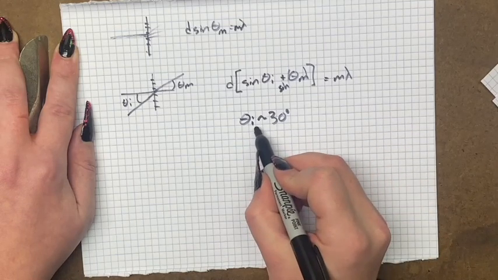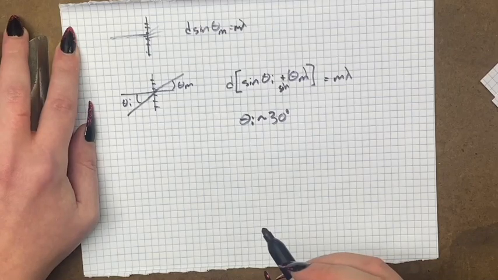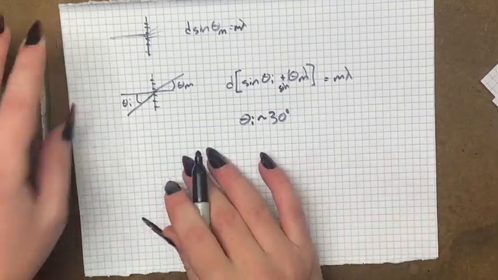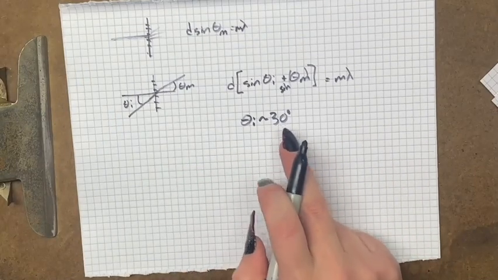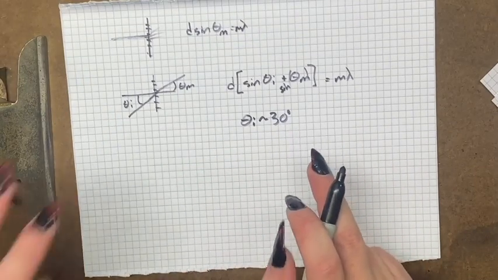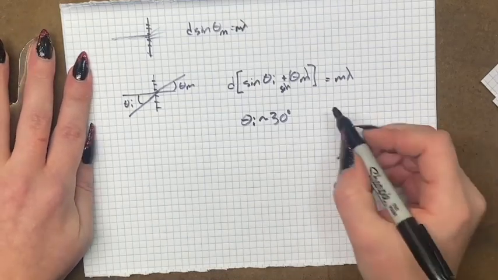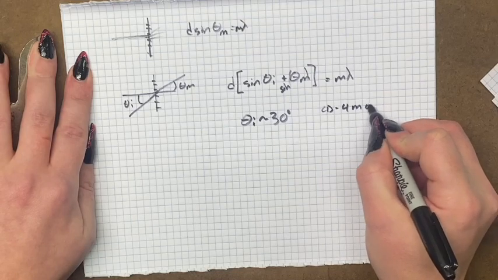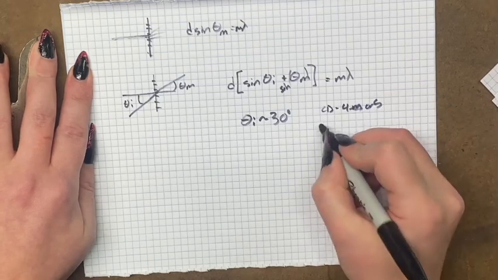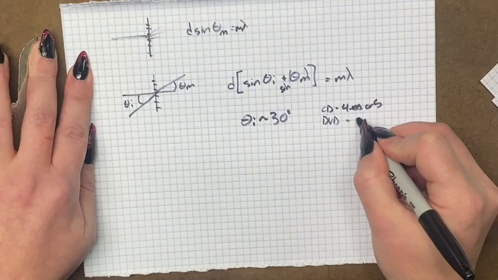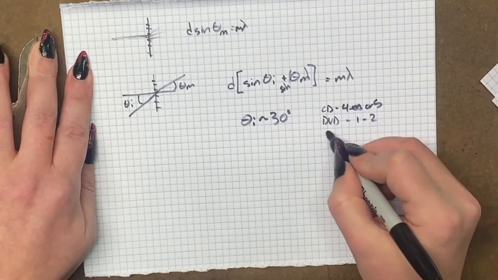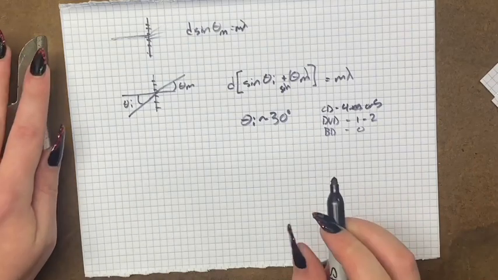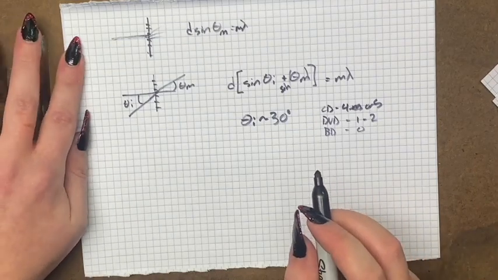So if our incident ray was 30 degrees, I did a little bit of work in Excel and had it pre-calculate these things for me, using the same assumptions that we had before, where the CD was somewhere between 4 and 5, the DVD was somewhere between 1 and 2, and then the Blu-ray was, of course, 0, which wasn't very useful.